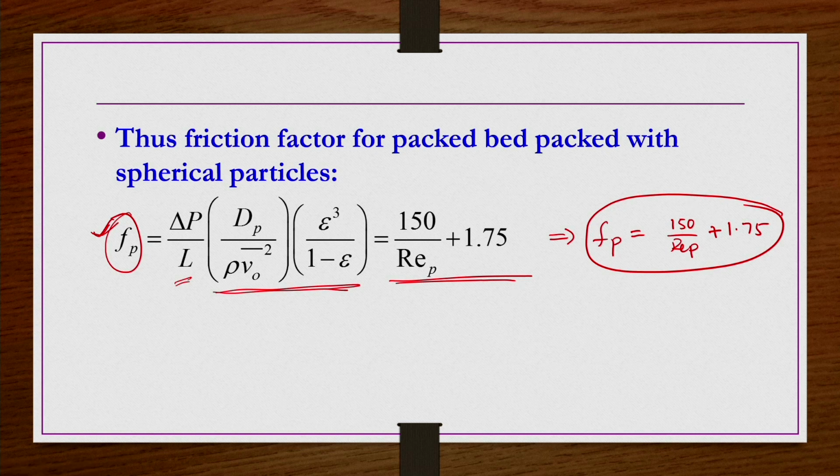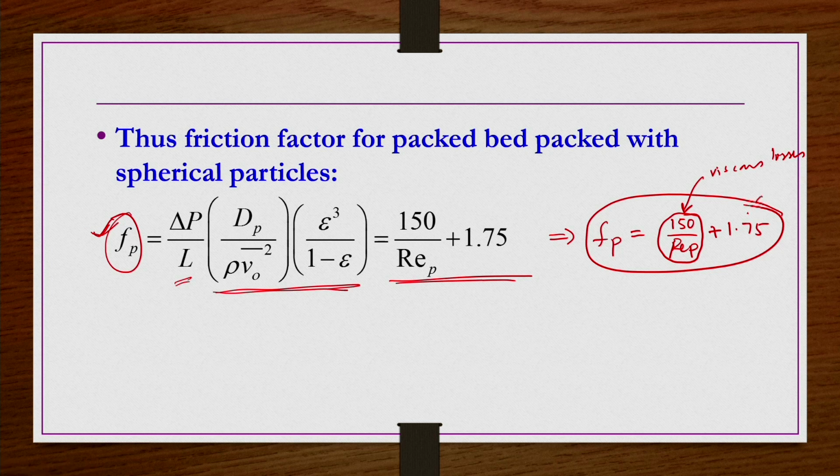This equation again has two contributions. The first contribution on the right hand side is the viscous losses. This term is going to have influence if the Reynolds number is small.